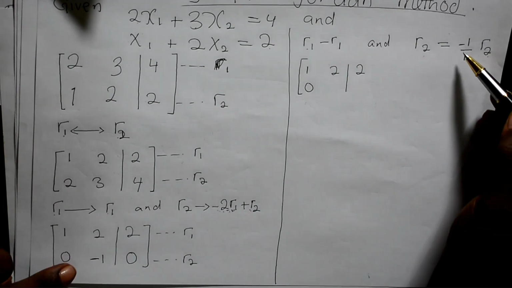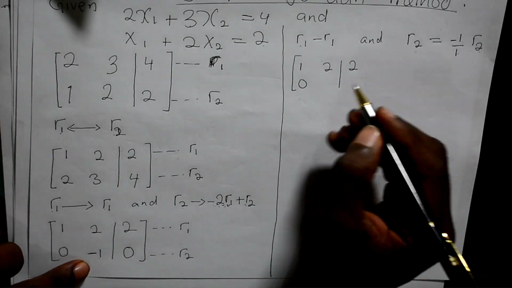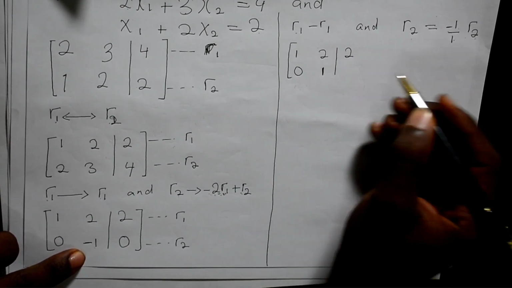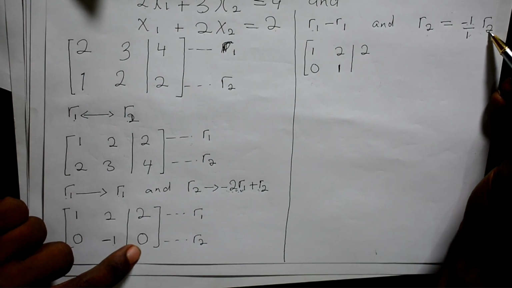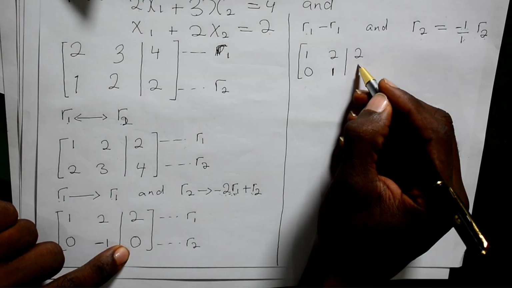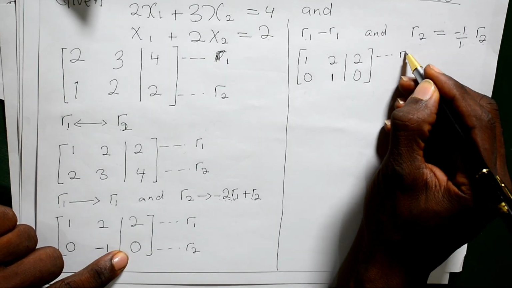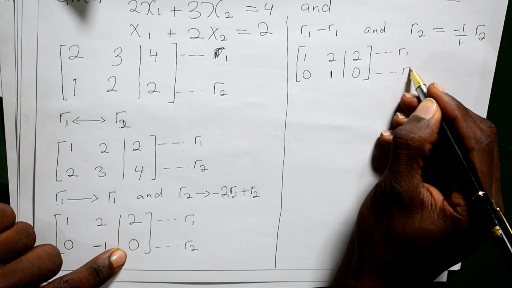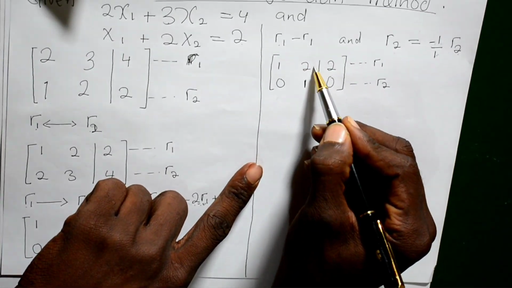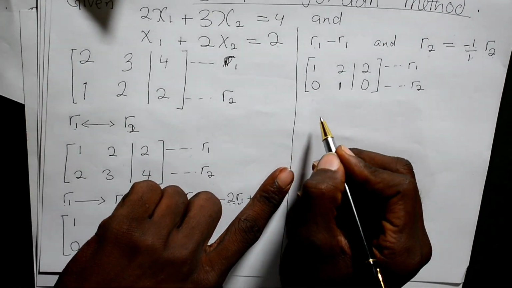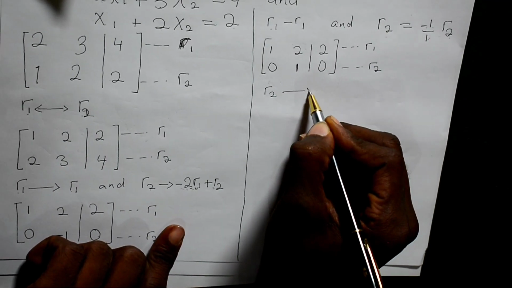Then -1 over 1 times -1. This will be 1. And -1 over 1 times 0 is 0. So this is row 1 and this is row 2. So the last is these 2 to be 0. So now row 2 will remain row 2 since it is all corrected.